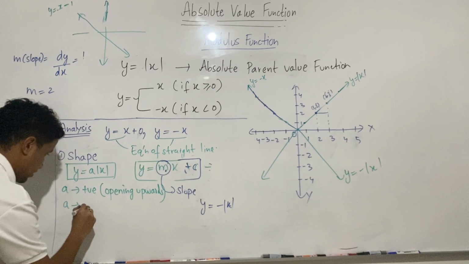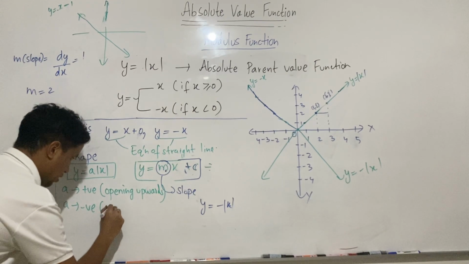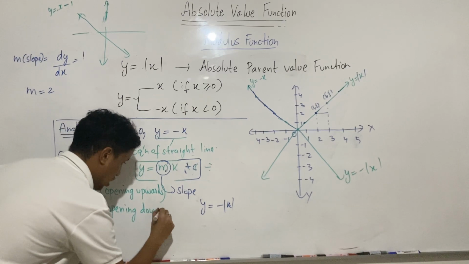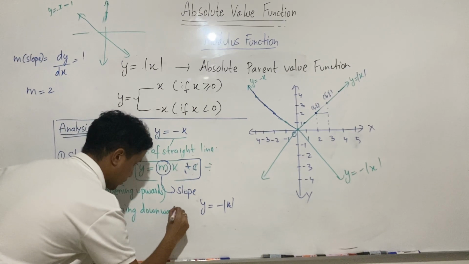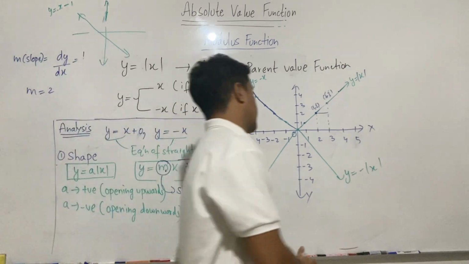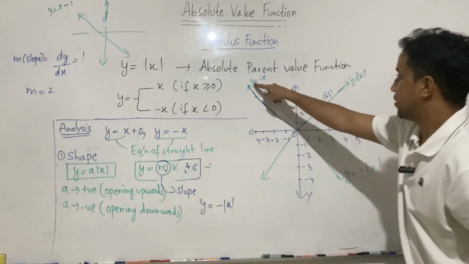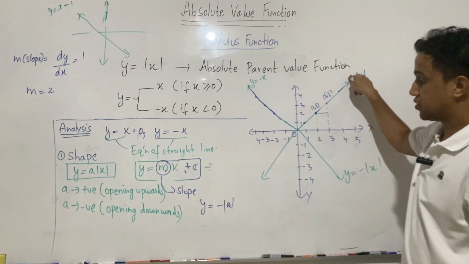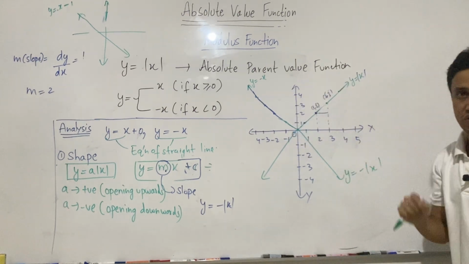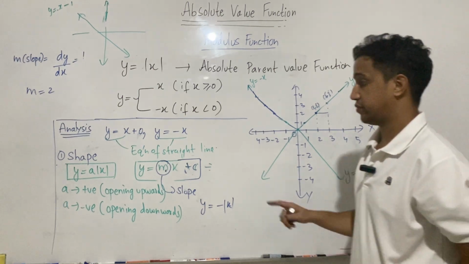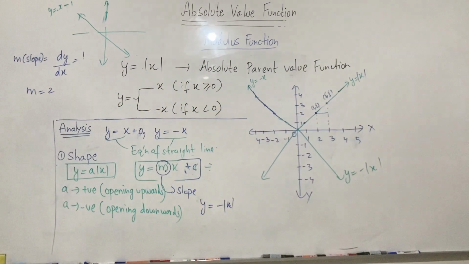If a is negative, opening downwards. Here this is going to be the reflection of this around the horizontal axis, right? So I hope this is clear to you.